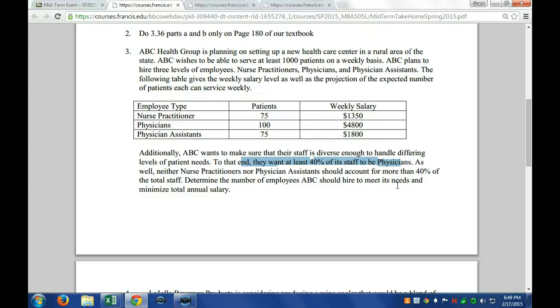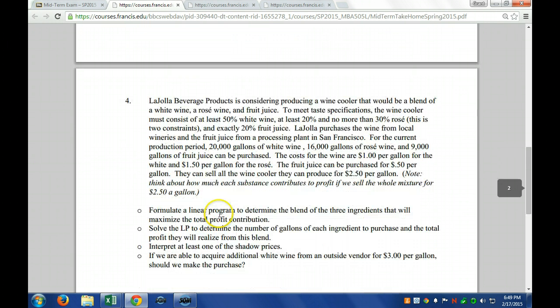Number 4 is also going to have summation variables because I'm mixing together all this wine, fruit juice, and cooler to make the rosé wine coolers, and we have these taste specification requirements. The wine cooler must consist of at least 50% white wine.